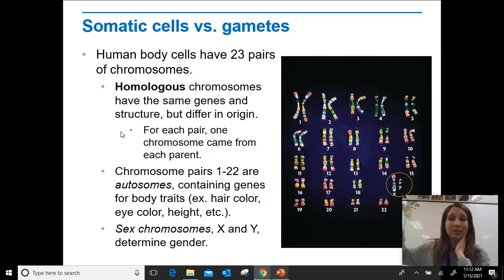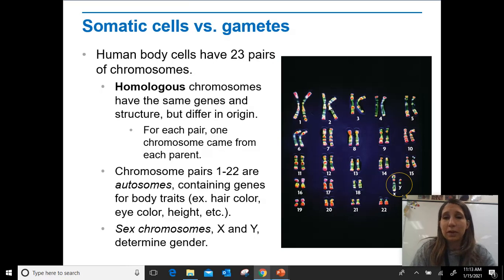One came from mom's side of the family over here. One came from dad's side of the family over here. And dad and mom came from two separate families. So we're looking at the combination of genes from two different ancestral lines, okay? So their origins are different. They do contain the same genes, meaning we may have a gene for eye color here on this chromosome number 2, which would also be present here on this other chromosome number 2.